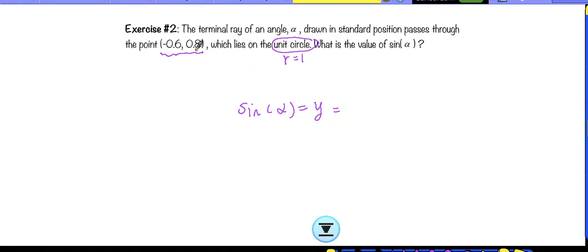So we just use the y coordinate, and we already know which one is the y coordinate, so that's it. And we know the terminal ray must be in the first or second quadrant because this answer is positive. Okay, so that's the answer.